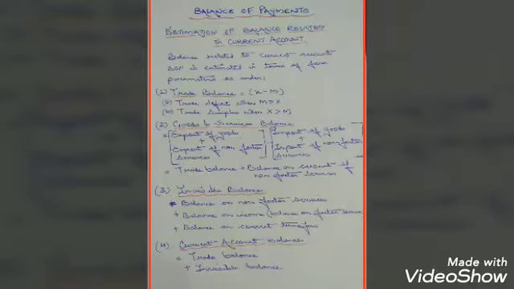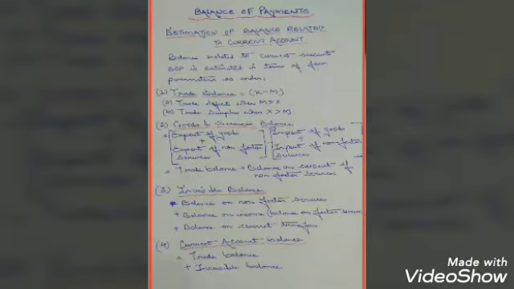Then the third parameter is invisible balance. When we talk about invisible balance, we are talking about a balance on non-factor services. Under this, we add balance on income, which is the factor income, that is the factor services.